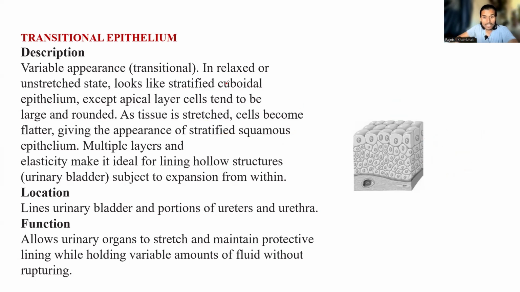Now, once you have learned this, let me explain this in a simple way. The shape is cube shape under normal condition, no stretching. But when you stretch it like a rubber band, the stretching force is squeezing the cells and the cells will form a flat, thin appearance.